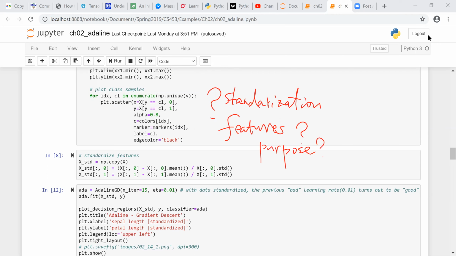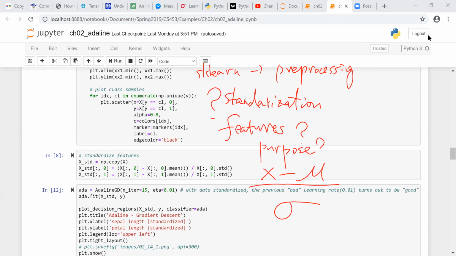You remember in sklearn, that belongs to the pre-processing. And how do we do standardization? X minus mu divided by sigma. So the feature minus its mean, over the standard deviation.